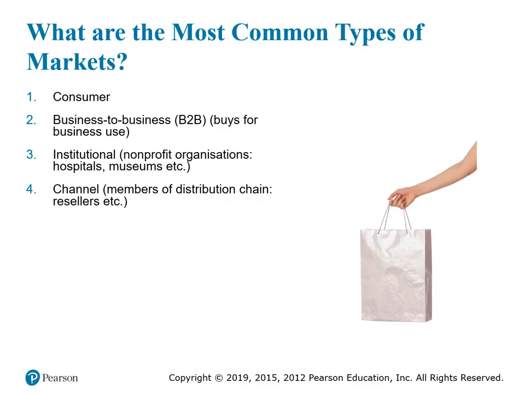Business to business, or B2B, you have a business that buys for its own business use. So you have the IIUM purchasing computers for the computer labs, chairs for its classrooms, desks for the classrooms.